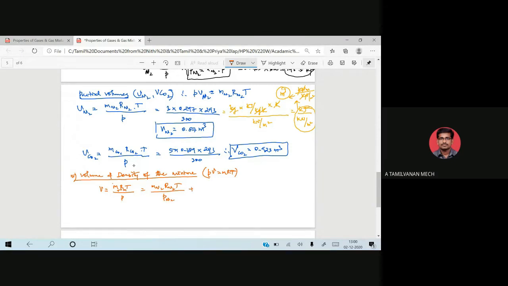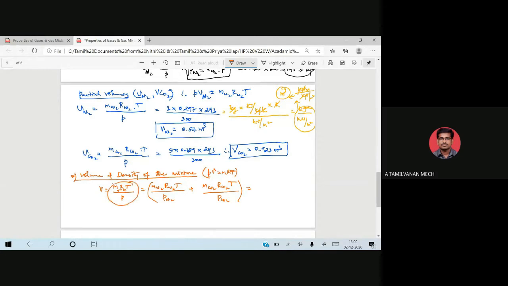Otherwise, that is M of CO2, then R of CO2, then temperature divided by P of CO2. It can be calculated by substituting the appropriate values, considering the whole term.